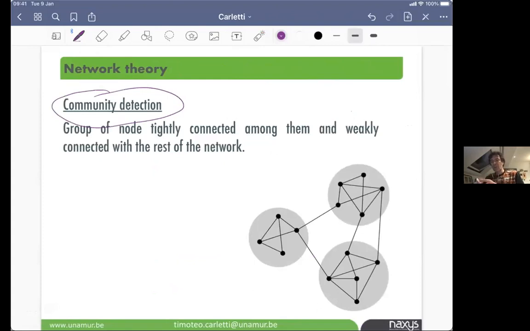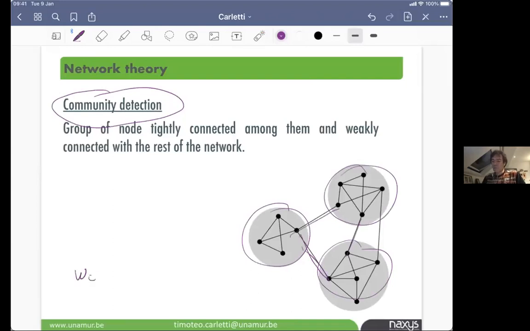Think of a group of friends that have very few connections with other groups of friends. So in a network, you can divide your network into groups called communities, such that inside each community you have a very strong set of connections, like in this one, this one, and this one. But then you have a few connections among them. These are called weak links.